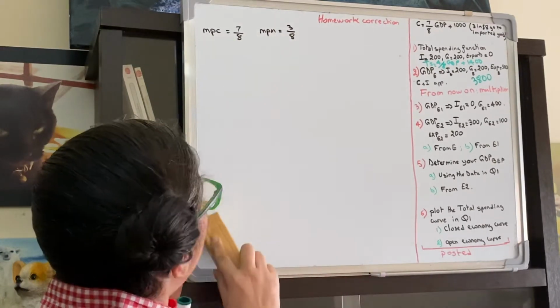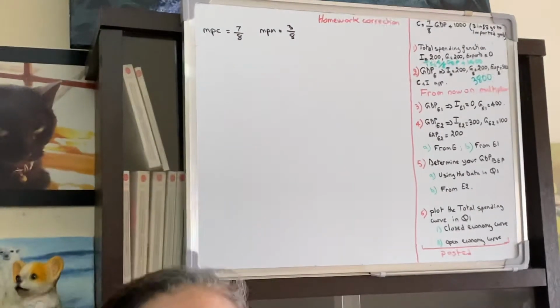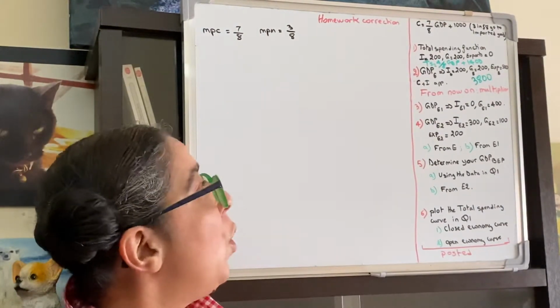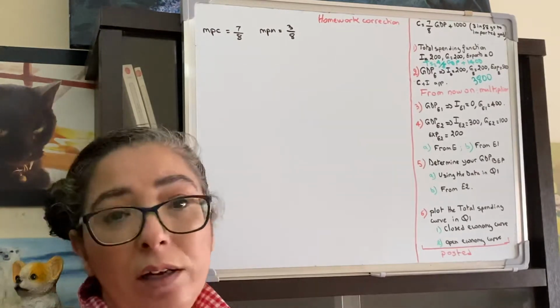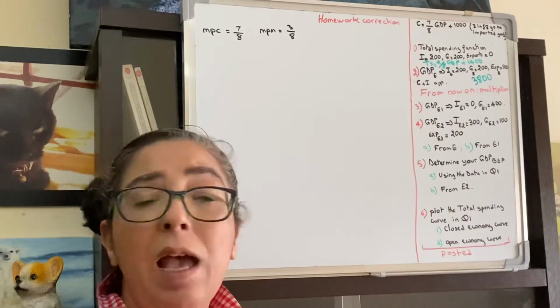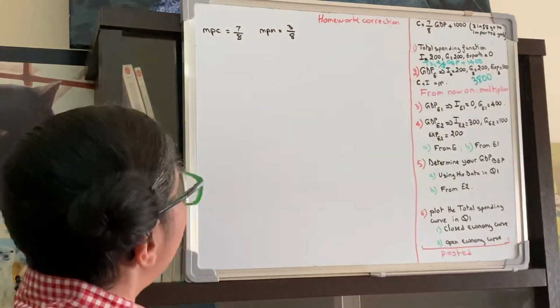Now they're telling me from now on, use the multiplier. Of course, it's an open economy as I have MPM. So I'm gonna have one open economy multiplier for all the exercises because MPC and MPM are constant. Okay?